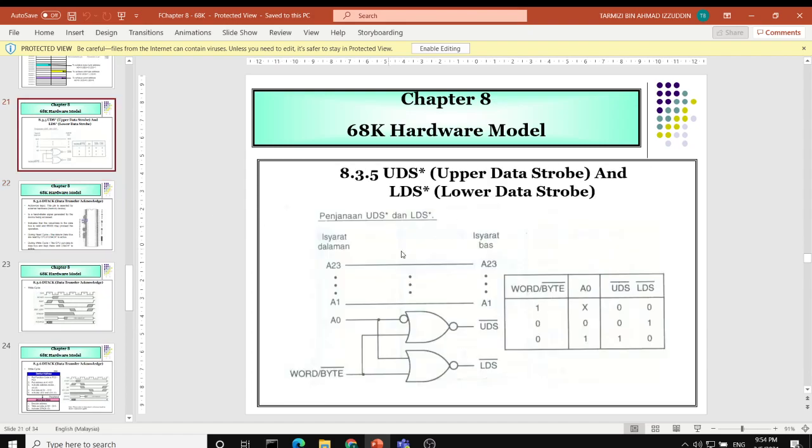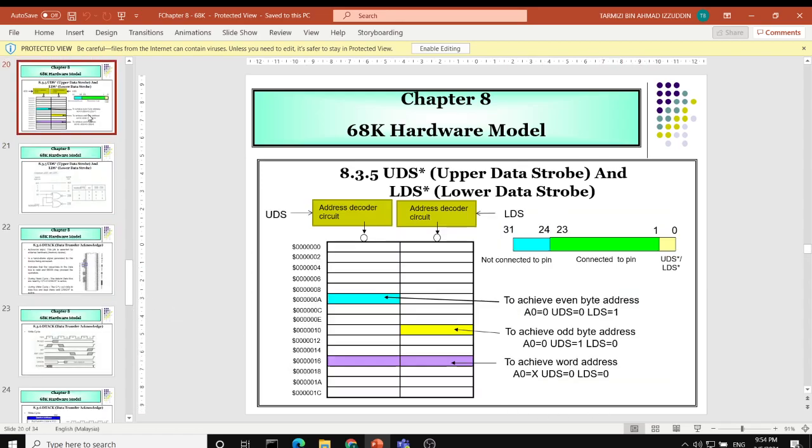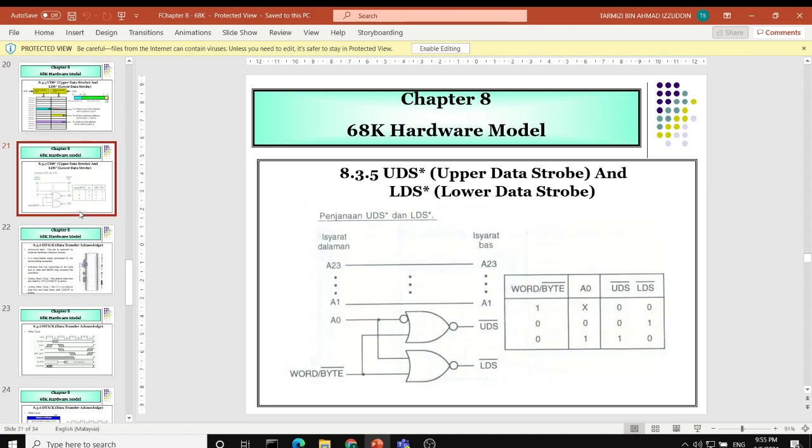And if A0 is 1, you are telling the 68K to write at the even data part, the even memory space. Sorry, I probably got it inverse. LDS is to achieve even byte address, UDS is to achieve odd byte address. So this is how you generate the UDS and LDS signals to be connected to your memory.